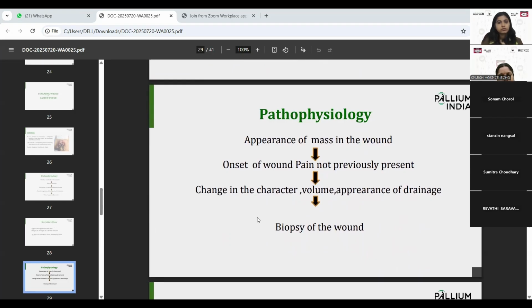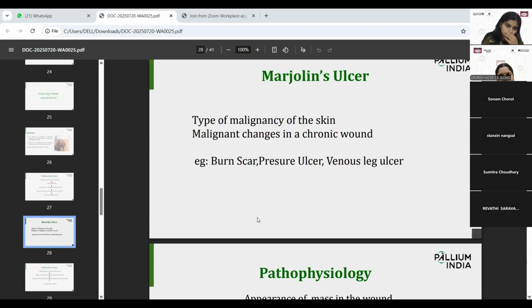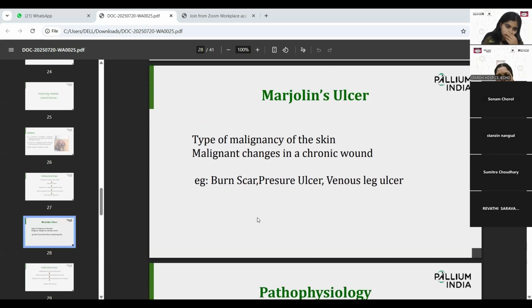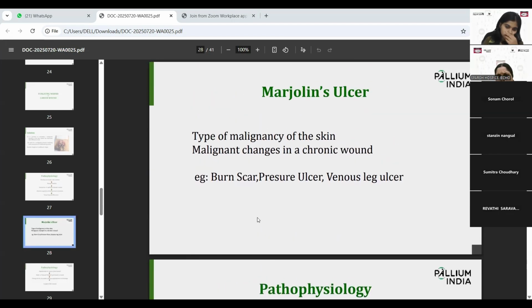Then it is otherwise called Marjolin ulcer. So Marjolin ulcer is a type of malignant change in skin, in a chronic wound. Okay, burn scar, pressure ulcer, venous leg ulcer. The previous one is also one type of fungating ulcer, but Marjolin ulcer happens in a prolonged-time chronic wound.